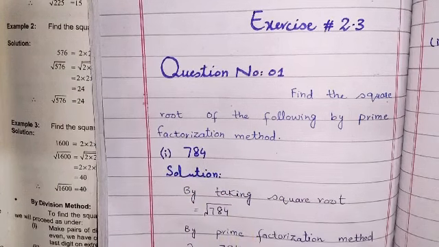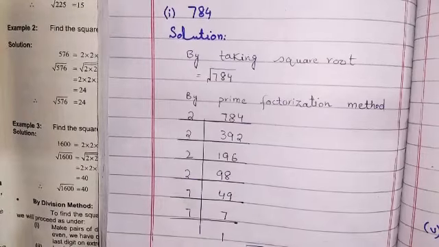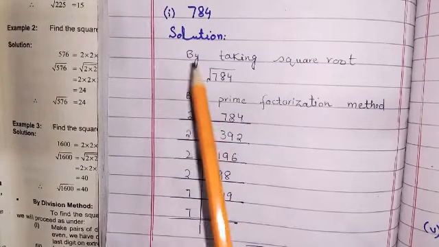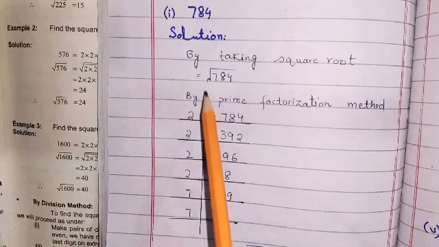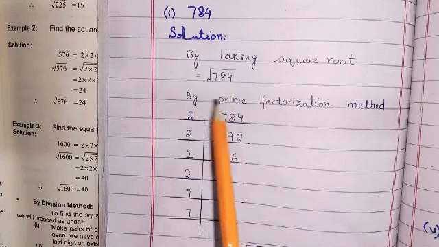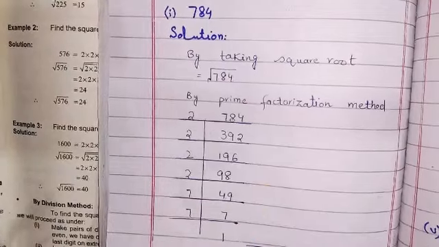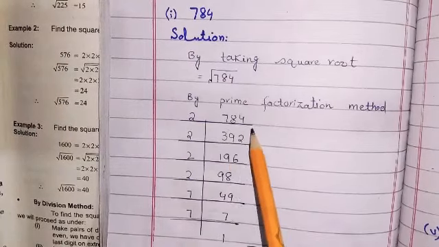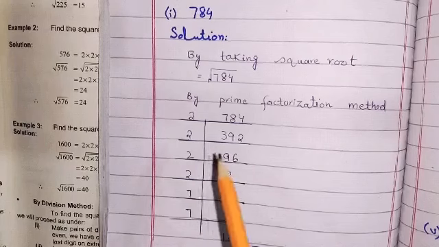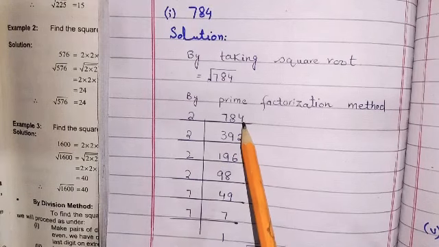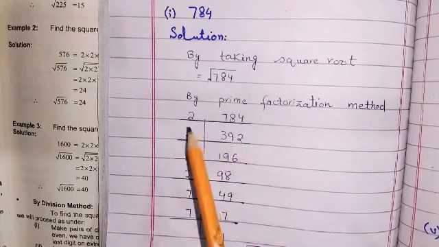Let's start its solution. Our first step is taking the square root of 784 by the prime factorization method. You all know that first we will find out the prime factors of the number 784. Students, as you can see there is 4 at the end of the number, so we will divide this number by 2.